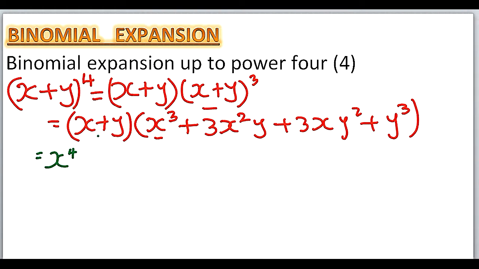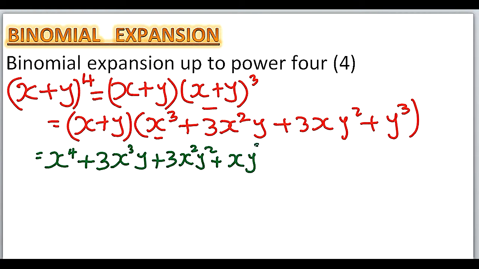Then we have x multiplied by 3x squared y, then we will have 3x cubed y. x multiplied by 3xy squared, we will have plus 3x squared y squared. x multiplied by y cubed, we have xy cubed. Now we take over from y, so y multiplied by x cubed, we have x cubed y.